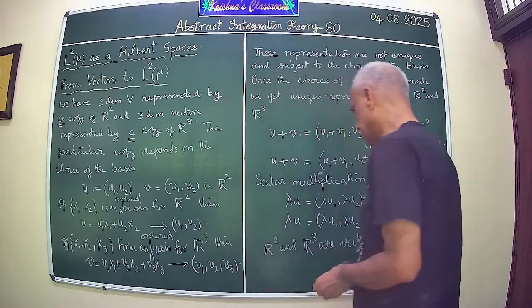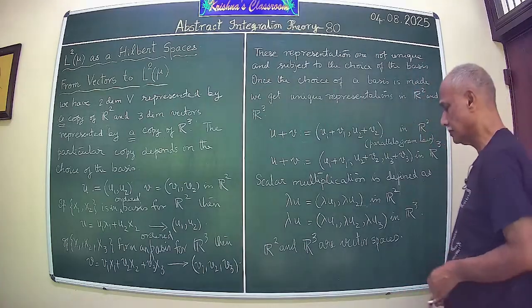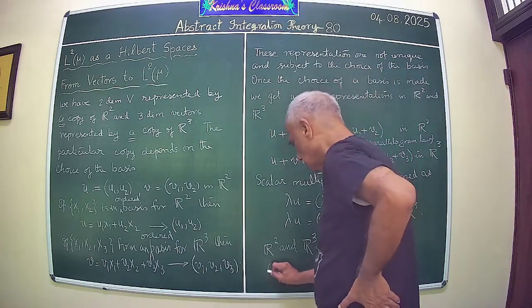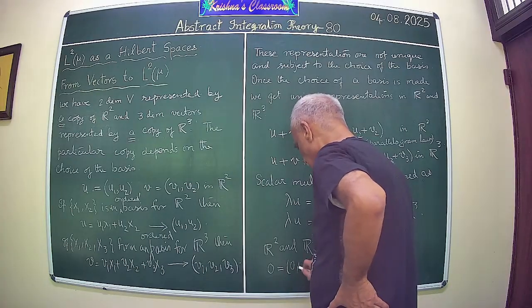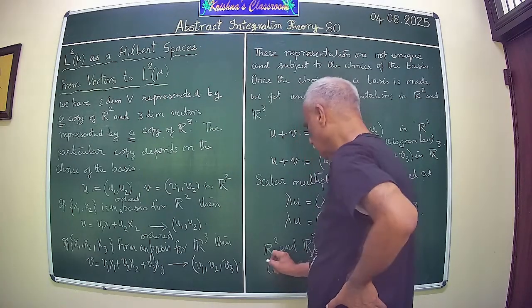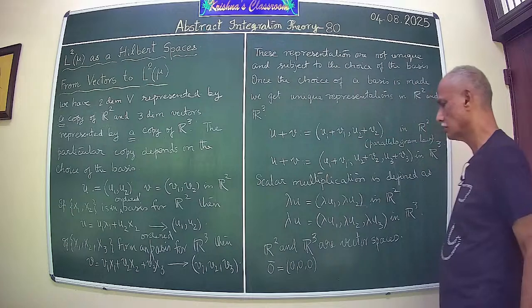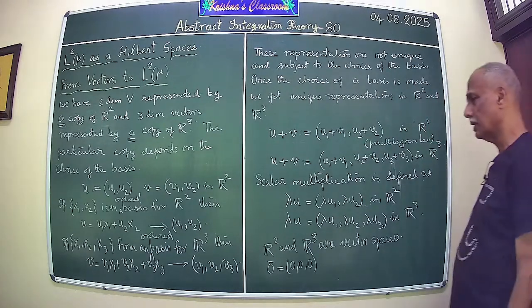So they are vector spaces. What do we mean by that? The zero vector is this, this is the zero vector. Okay.